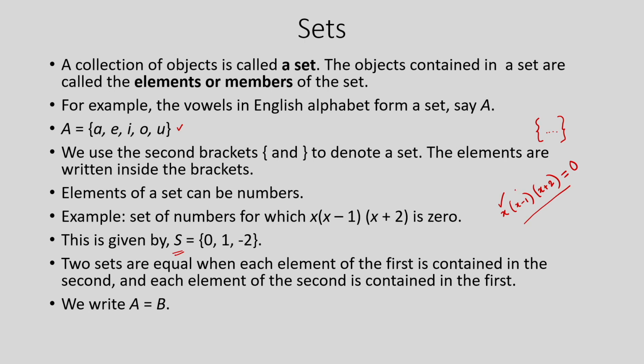Similarly, if you put x is equal to 1, then the second factor becomes 0. If you put x is equal to minus 2, then the third factor becomes 0. So for each of these 3 values of x, this equation gets satisfied. Therefore, in this set there are 3 elements and we have listed them all.